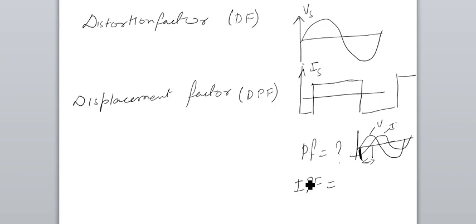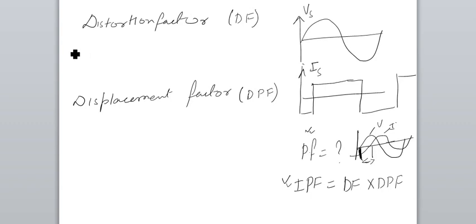We are not calculating power factor, we are calculating input power factor, which is the distortion factor multiplied by the displacement factor. It came into the picture because the waveform shapes are not similar, so we can't define power factor; we have to define input power factor.